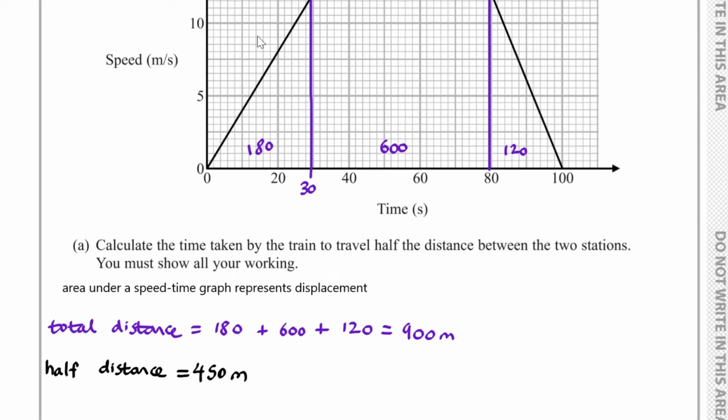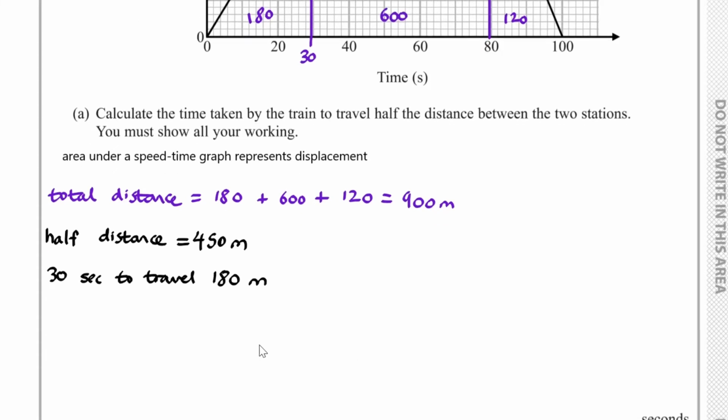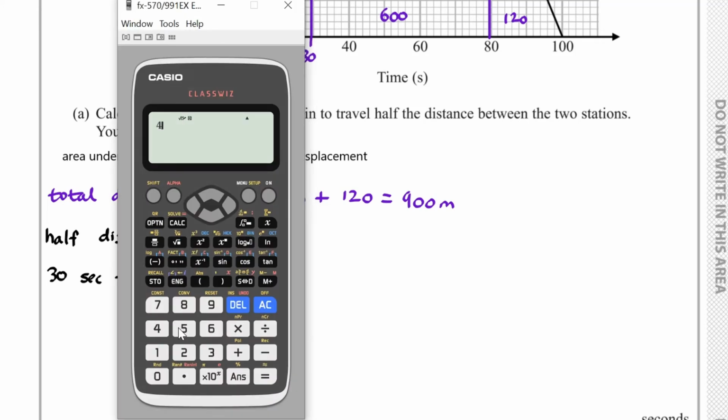So let's just write that down. It took 30 seconds to travel 180 meters, and therefore you can see from here 450 take away 180, that's 270.